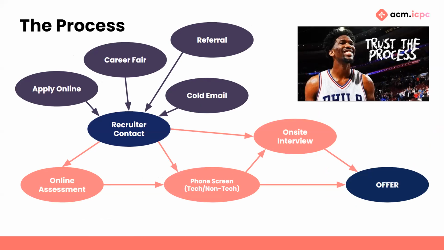After that, the overall process is the same. There are multiple levels of screening. It could be online, it could be a phone, and there could be multiple levels, so multiple phone screens. But in the end, you'll be going through these technical interviews, and you have to pass them one by one until you finally get the offer.